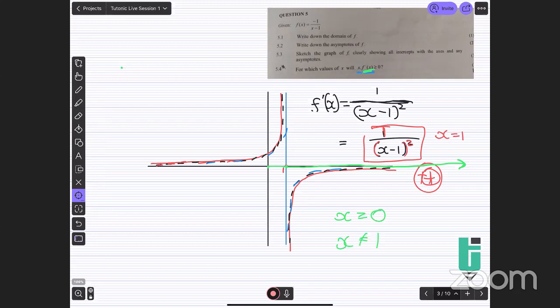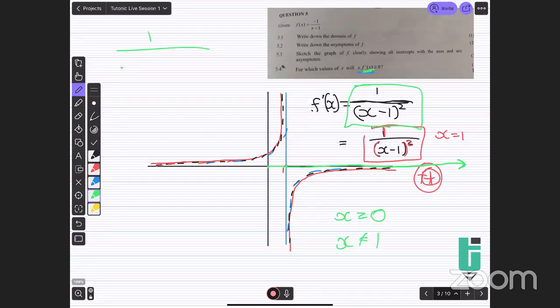And then just to stretch you one more time, can this equation ever equal naught? For a fraction to equal naught, what must happen? For a over b to equal naught, what must happen?